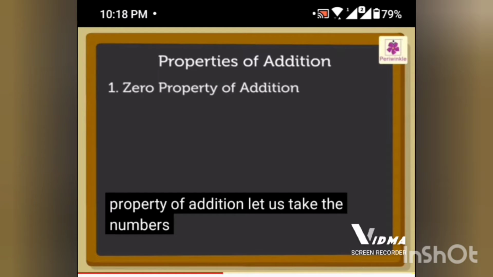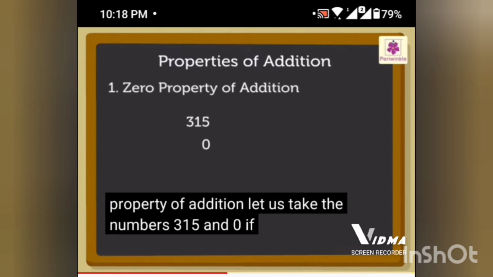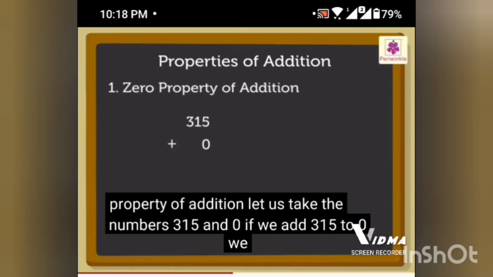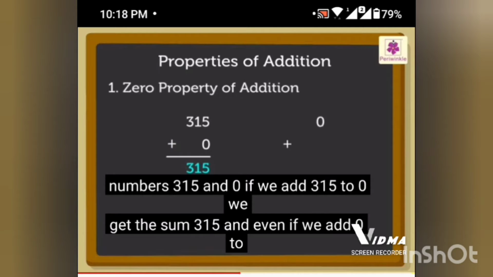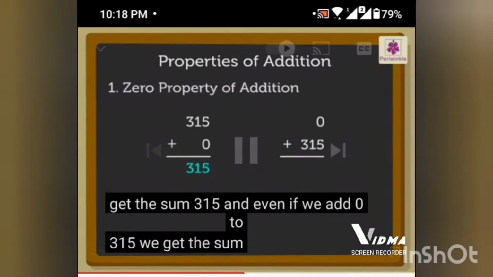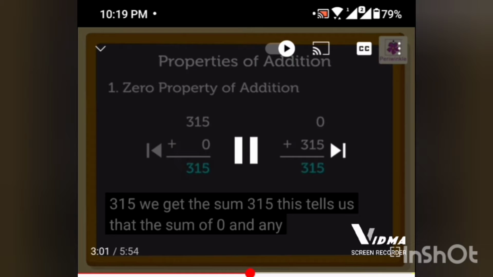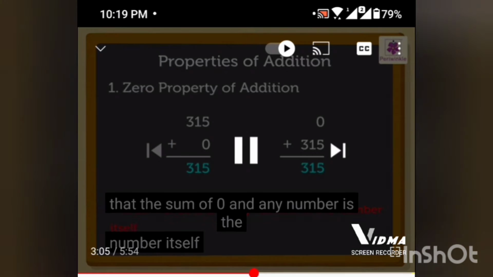Let us take the numbers 315 and 0. If we add 315 to 0, we get the sum 315. And even if we add 0 to 315, we get the sum 315. Any number plus 0 is the number itself.